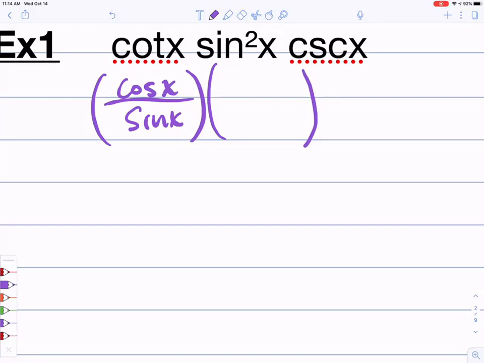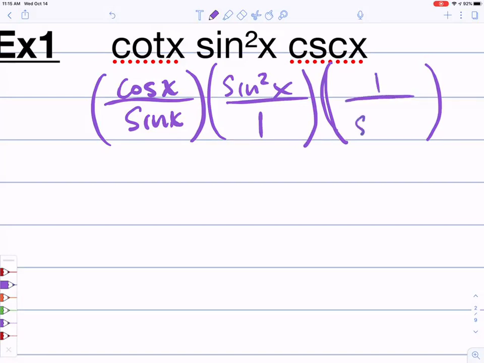How would you write sine squared as a fraction? Over 1. Yes, sine squared over 1. How about cosecant? What can I substitute for cosecant? 1 over sine. Now, what kind of math can I do with this?